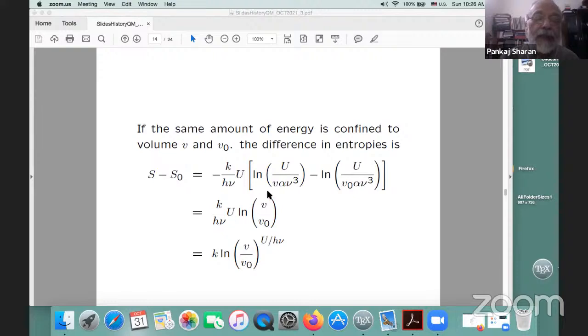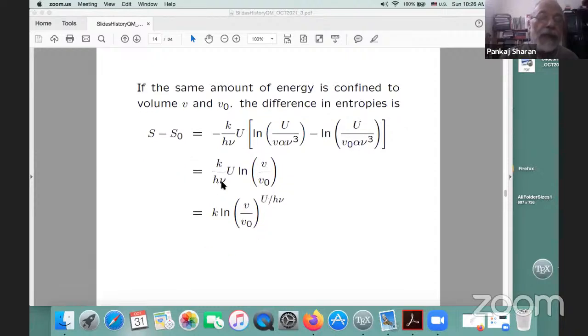There is a minus sign which gets cancelled because log of 1 upon small v is minus log of v. So you get log of V upon V0, which is equal to K times, and if you want, you can take this H nu in the power above. So U over H nu goes in the power above and only the K remains outside. So this is Einstein's formula for the difference in the entropy, which has the same amount of energy in two different volumes. So it is in a way the volume dependence of entropy.